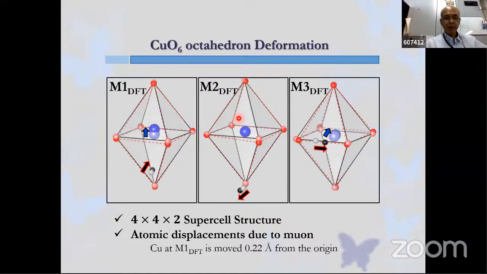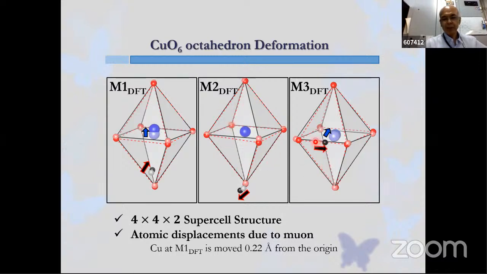This is a more schematic view of how much local deformation is caused by the muon. The gray and the black ones show before and after the muon position after the self-consistent relaxation process. After the muon stops in here, it pushes up the copper magnetic moment and deforms the local structure of the oxygen like that. If the muon stops here, it moves this way and pulls the oxygen downward and deforms the local structure again.